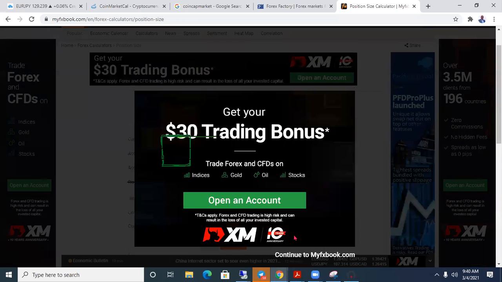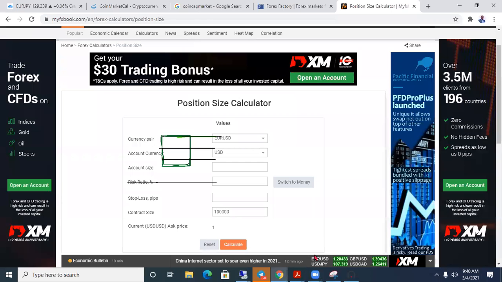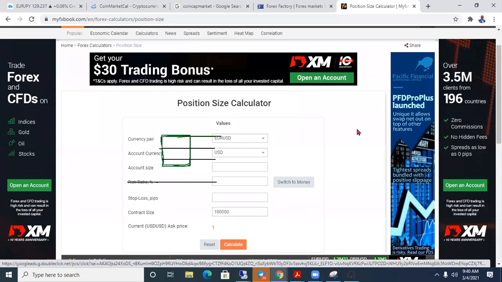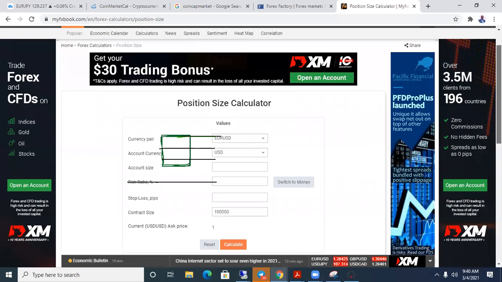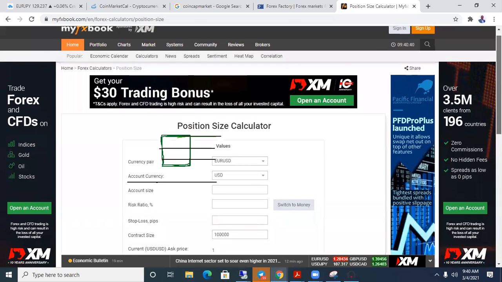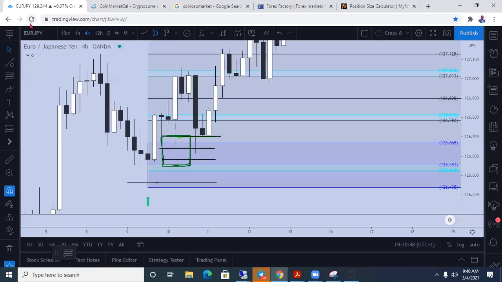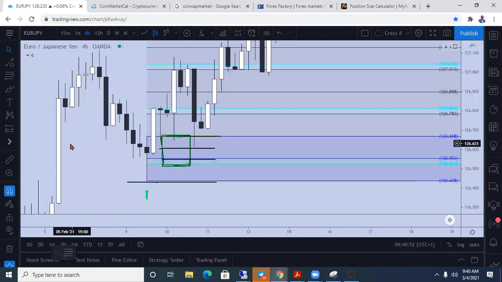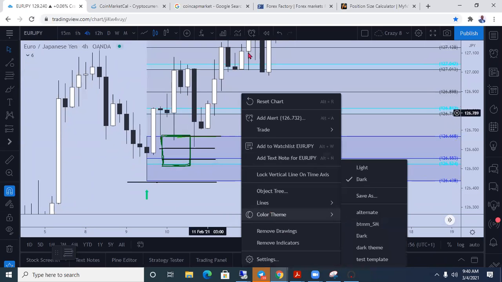And you will decide the risk you want to bear on that particular trade. So let's say we want to risk 1% per trade, right? Let me take this out, just a minute.